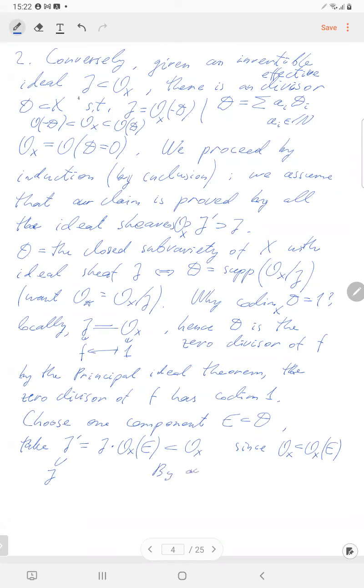By our induction assumption, J prime is OX of negative D prime, and hence J is OX of negative D prime minus E. And there we are.